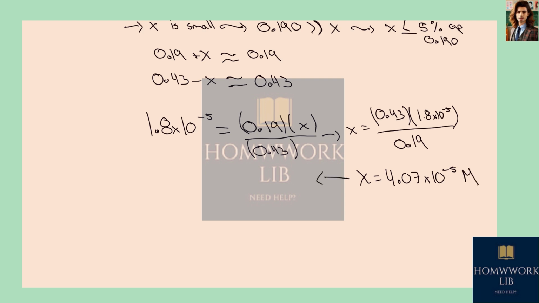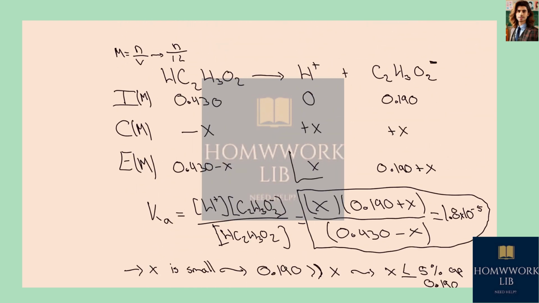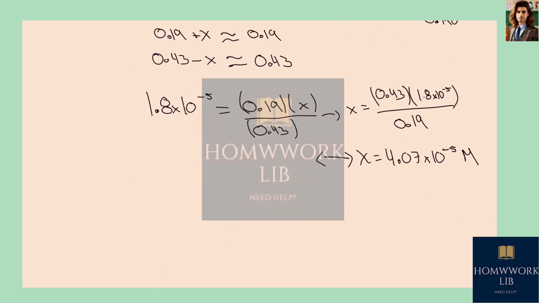Remember that this X was the amount of H plus at equilibrium in concentration directly. So, since this is the concentration of H plus, we can calculate the pH as minus the logarithm of that concentration, which is minus logarithm of X, which is 4.39. And that would be our final pH.